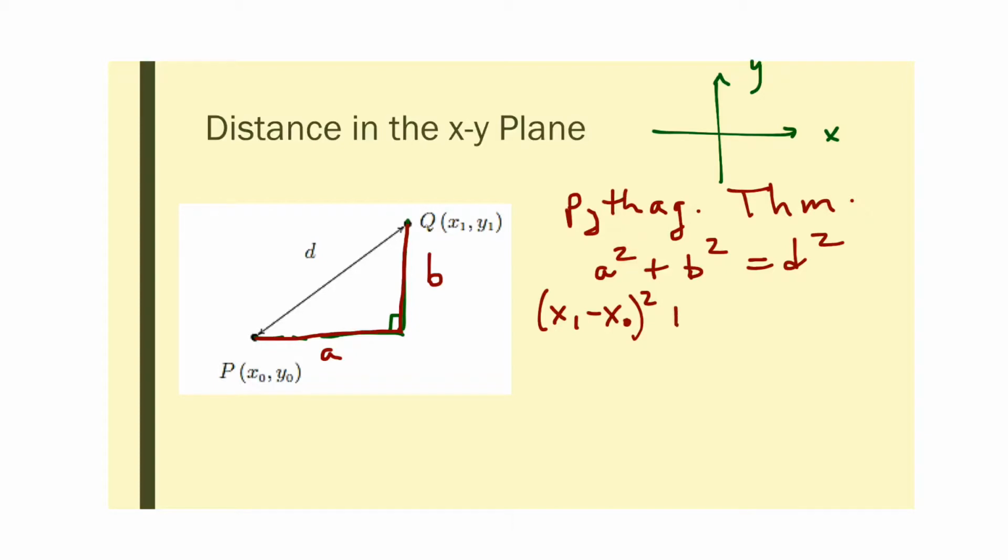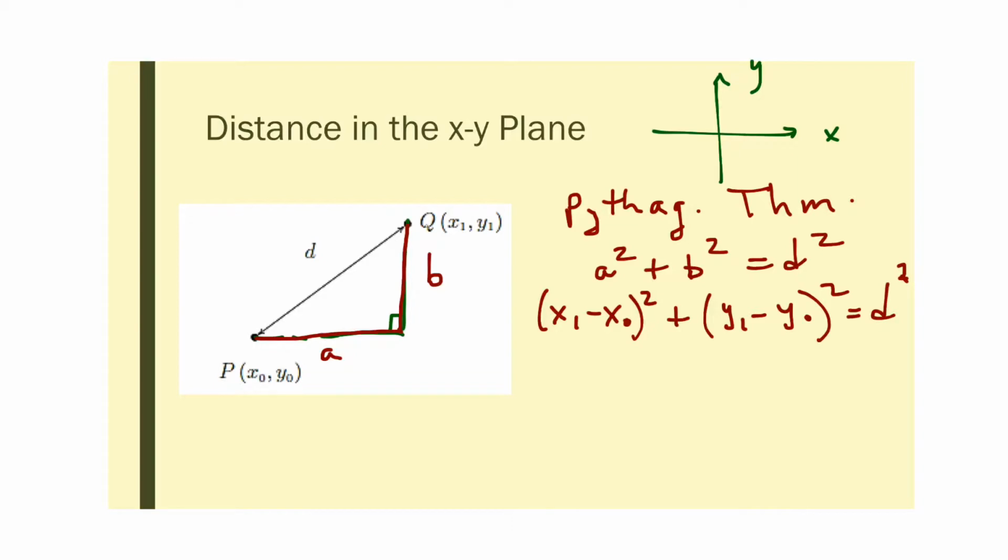Then plus, B would be the difference in the y values, the vertical distance. The vertical distance would be this y value, y1, minus this y value, y0, squared. So that's equal to d squared.